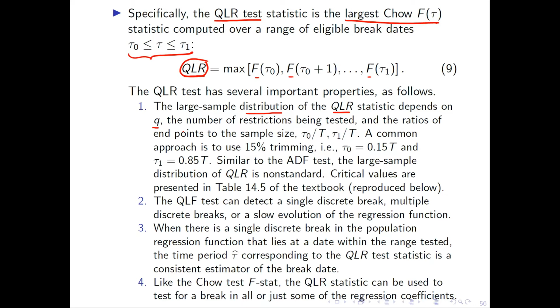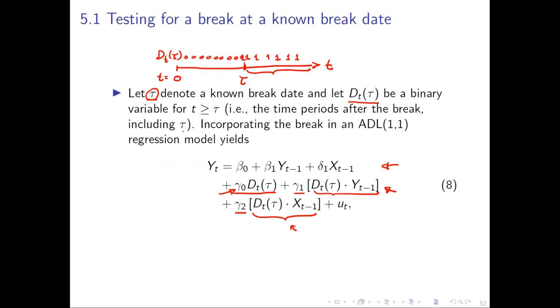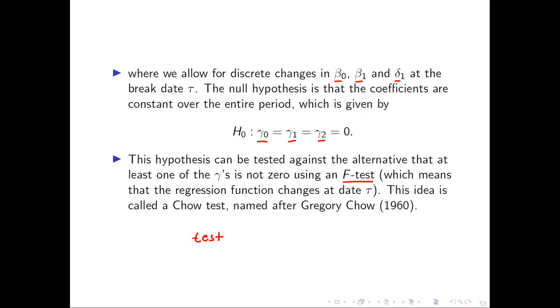For example, previously we looked at the ADL11 model, and we had three different restrictions, on gamma naught, gamma 1, and gamma 2.